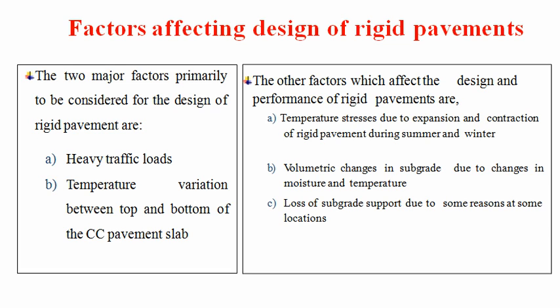The other factors which affect the design and performance of the rigid pavement are the temperature stresses due to the expansion and contraction of the rigid pavements during the summer and the winter season, and second, the volumetric changes in the subgrade due to the changes in moisture and temperature. And lastly, the loss of the subgrade support, for certain reasons, at certain locations beneath the pavement.